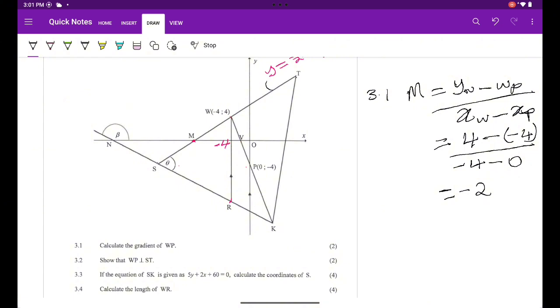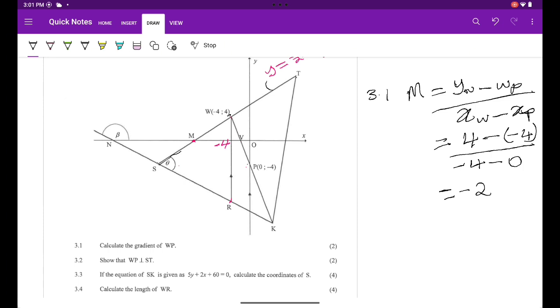3.2: Show that WP is perpendicular to ST. If the gradient of ST multiplied by the gradient of WP gives -1, then we know they are perpendicular.